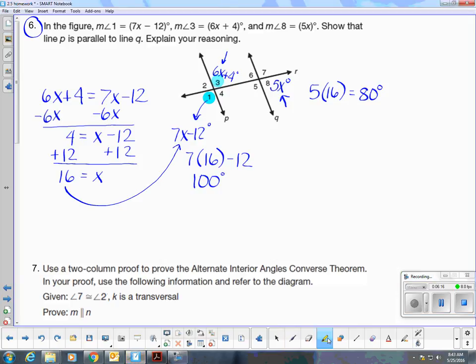So I notice that the measure of angle 1 is 100 degrees, the measure of angle 8 is 80 degrees. Because those two angles add to 180, they are supplementary, and therefore I can say yes.